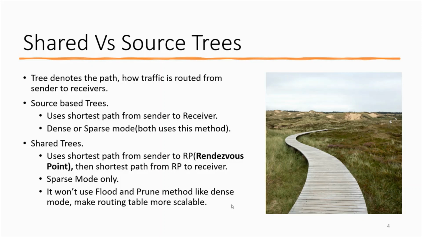Shared trees are only used by PIM sparse mode, and they denote the shortest path from the sender to the rendezvous point, and then the shortest path from the rendezvous point to the receiver.